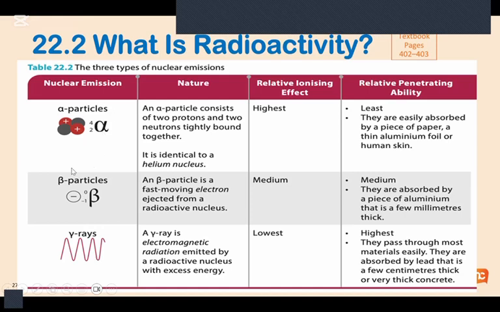Okay, so alpha particles, let's talk about the nature first. Alpha particles are actually two protons and two neutrons. There are no electrons. So it looks like that, two protons, the two red ones, plus two neutrons, the black ones.